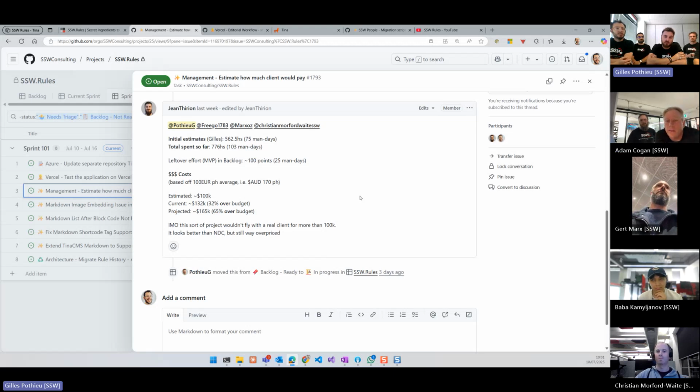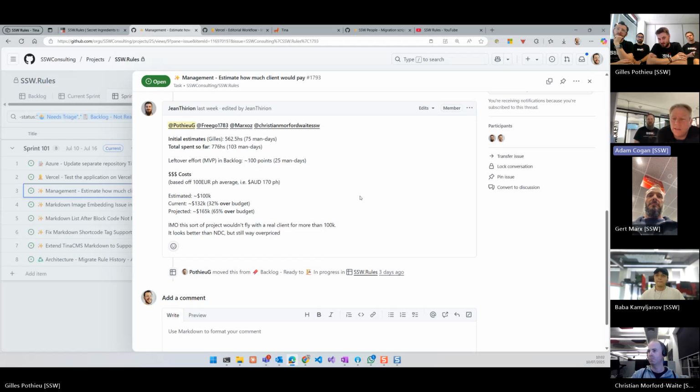No client would pay. I will be very impressed if they can finish this job in 30K, because I still haven't seen it deployed. I haven't seen any of the pages, and the CSS work could be trickier than you think.